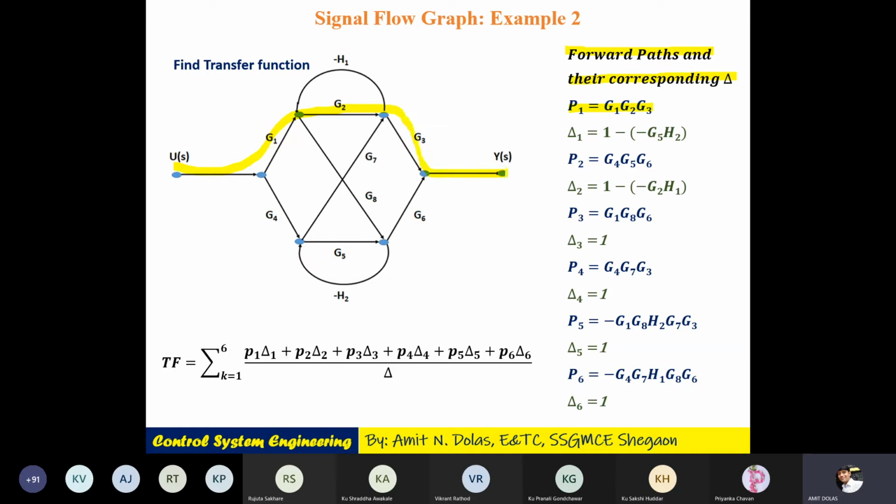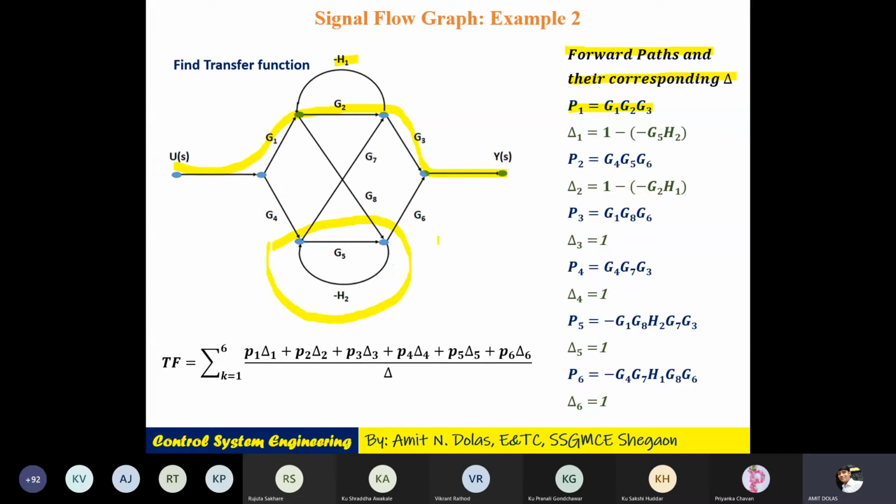Okay, so we have to see which loops are attached to it. The loop with H1 is attached. The figure-8 loop, L3, is also touching this path. What is not touching? This loop is not touching, the one with H2, right?